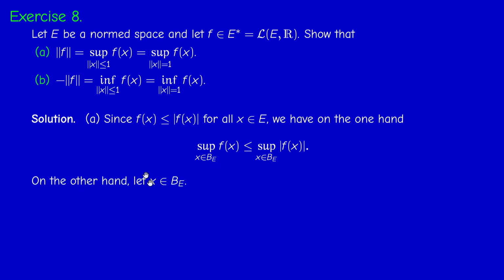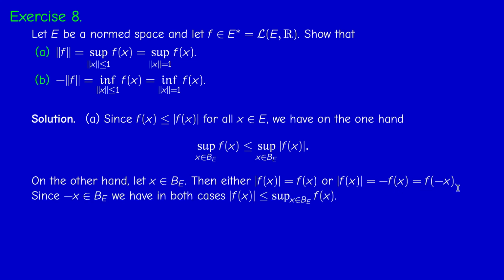And now on the other hand, if you take an arbitrary element in the closed unit ball, then the absolute value of f(x) is either f(x) or minus f(x), which is the same as f(-x). Now, since the closed unit ball is symmetric, if x is in the closed unit ball, then the symmetric with respect to the origin is also in the closed unit ball because they have the same norm, which is less or equal than 1.